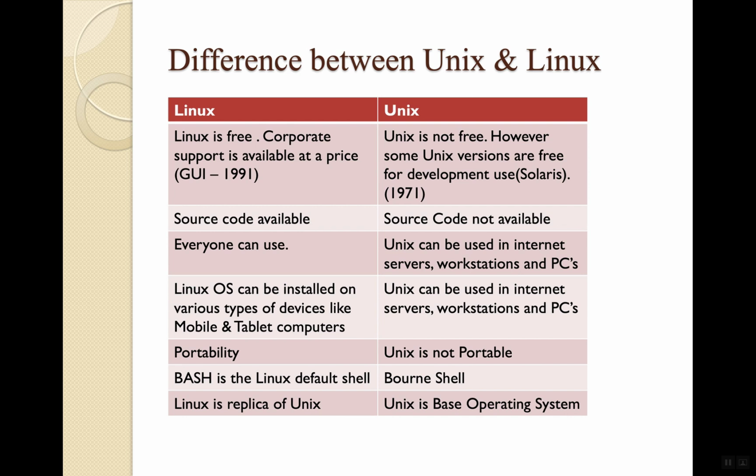By default Unix uses the Bourne shell, whereas Linux uses the bash shell. Every command will be executed on top of bash. Bash is nothing but Bourne Again Shell. As I already said, Linux is a replica of Unix, so Unix is the base operating system. The scope is very wide and many interfaces are built on top of Unix, and Unix is also more secure.